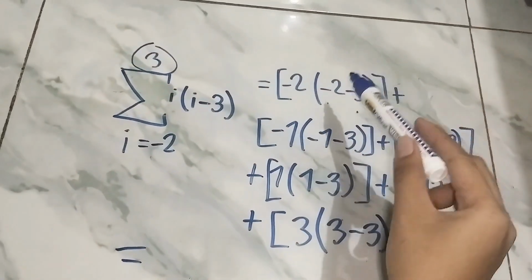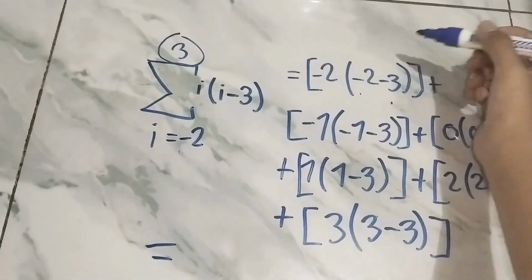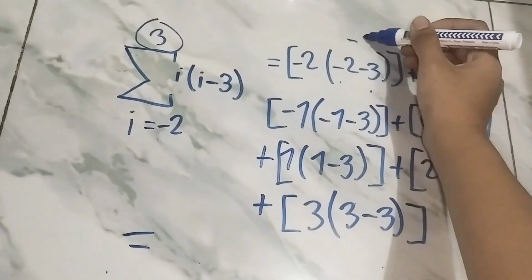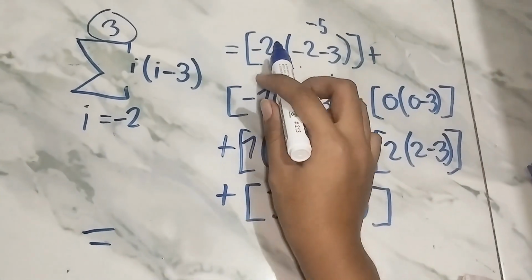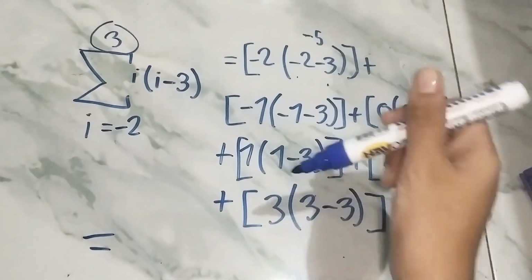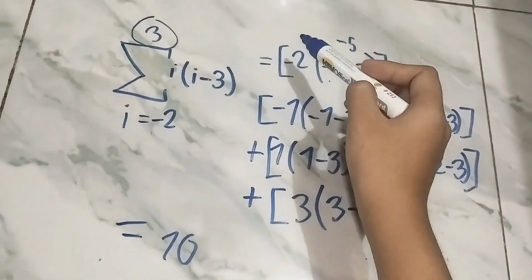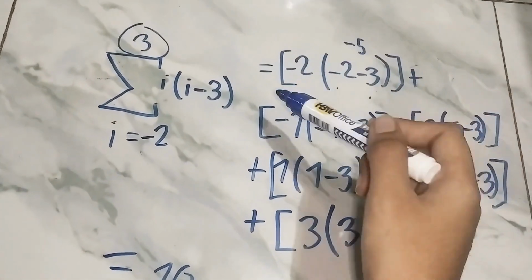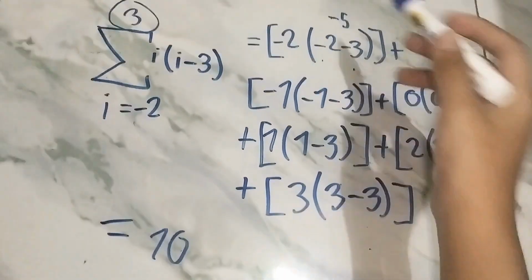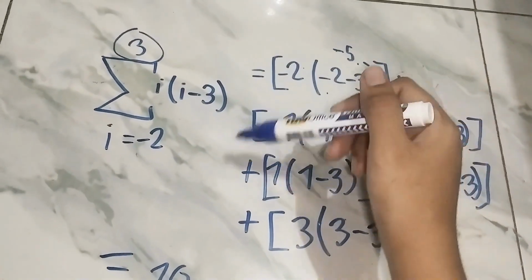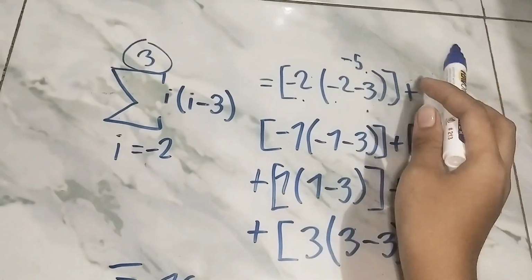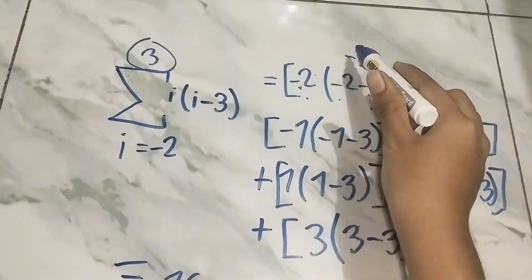Okay, so -2 minus 3, of course, we'll have -5. So -5 times -2, we have positive 10, because negative times negative gives positive. Since 2 times 5 is 10, it is positive since they're both negative.